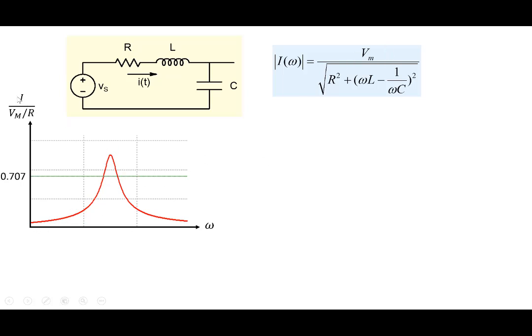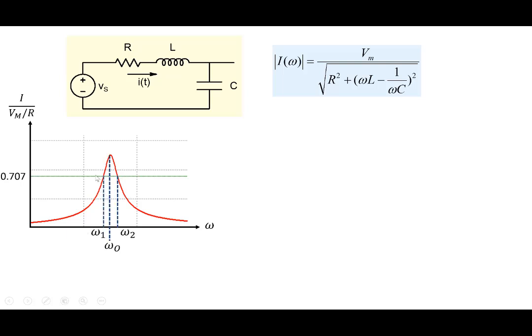The current is normalized by the maximum value of current that we will obtain, Vm by R. When omega L equals 1 by omega C, this term goes to 0, so the maximum current is Vm by R. We have normalized the current by Vm by R, and so the maximum value is 1. Away from the resonant frequency, the magnitude of the current falls on both sides.